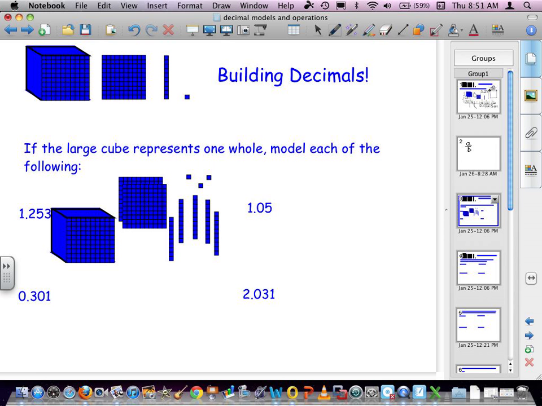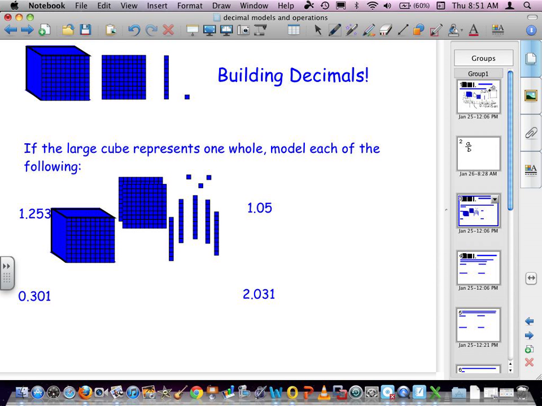Or you might have students sitting there freaking out because it doesn't work. 25 rods and 3 little cubes, and that value is still the same.